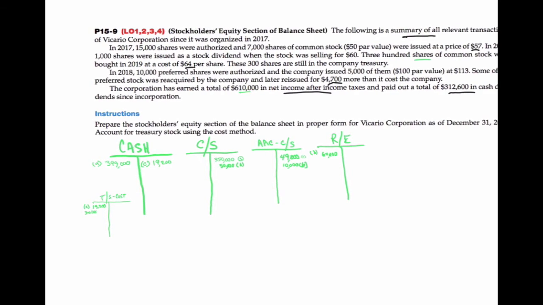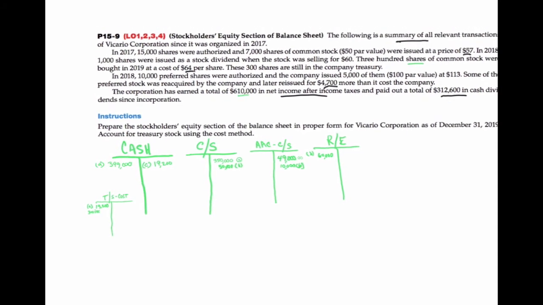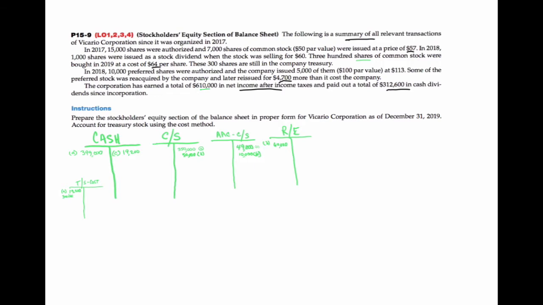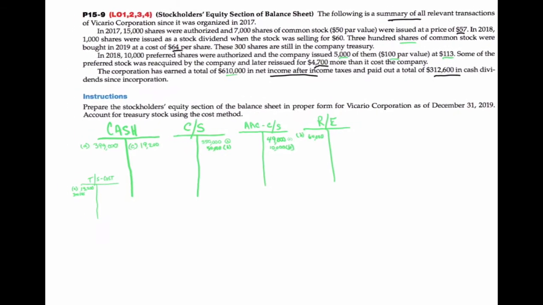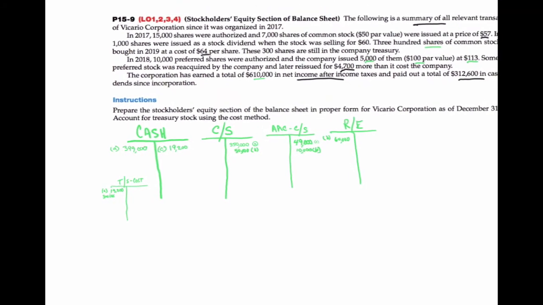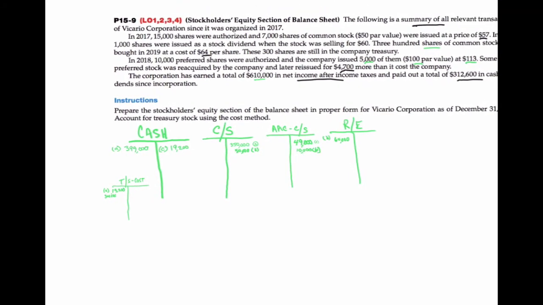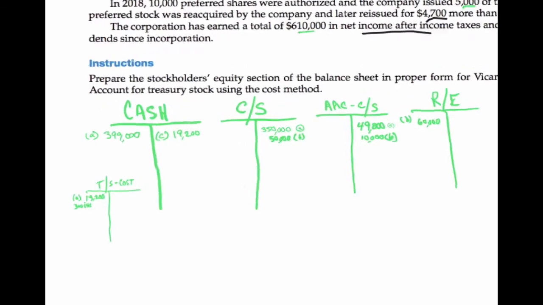Now in 2018 we had 10,000 preferred shares authorized, and the company issued 5,000 of them, $100 par value, at 113. So let's just do that. That's going to be 5,000 times 113. I come up with 565,000.